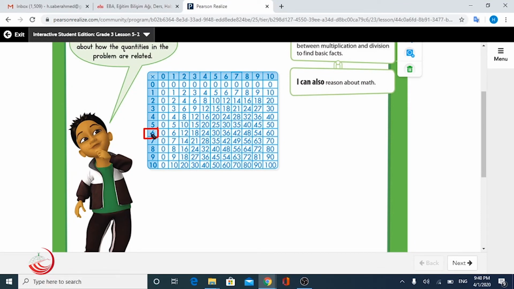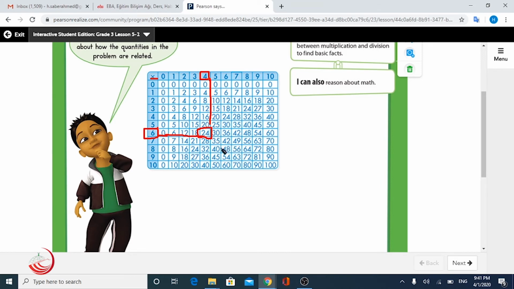Now, I will go across to find the product, until I find 24. Once I found 24, now I'll go up. Then I will find the missing factor, which is 4. So 6 times 4 will give me 24.